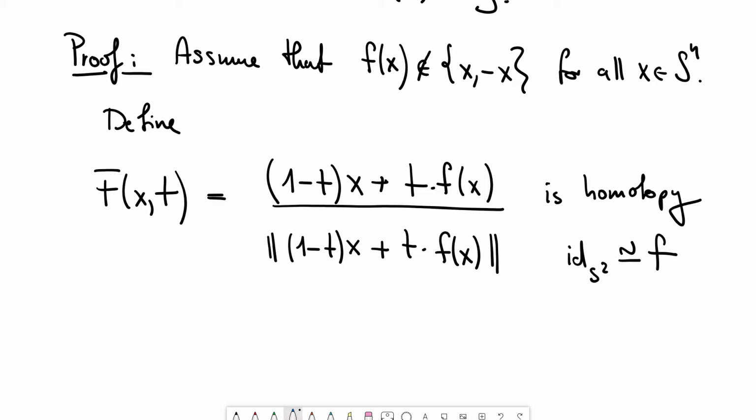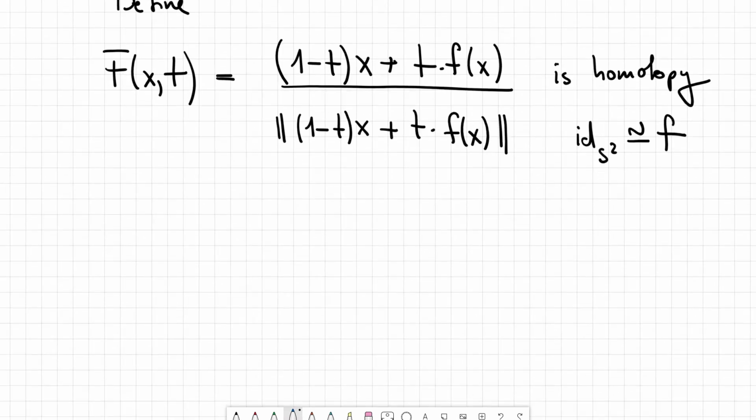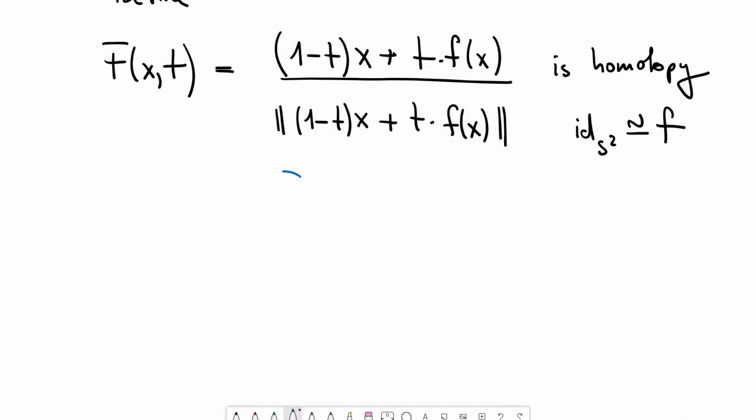Okay, so let's check that the denominator is never 0. In the picture, if we have x here, that's our sphere, and f(x) here, then if t goes from 0 to 1, we just follow the line in the sphere from x to f(x).